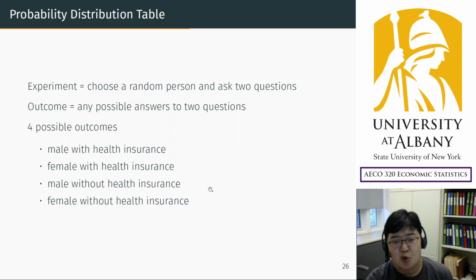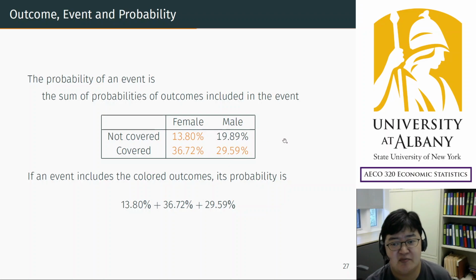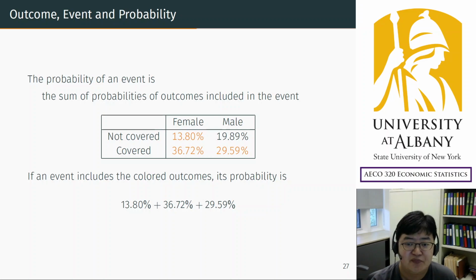And so now it is more clear to see that an event is different from an outcome. Each cell is one outcome, but an event can be any combination of the outcomes. For example, you may think about an event in this colored area. This event includes all women and men with health insurance, right?